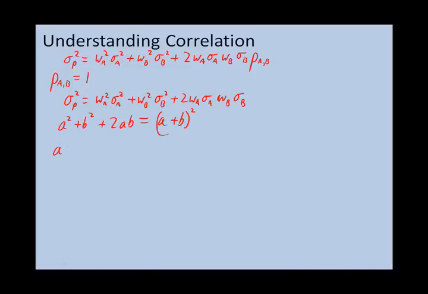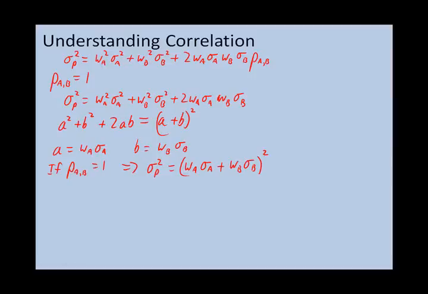We would have A equal to WA sigma A and B equal to WB sigma B. So if the correlation between A and B is equal to 1, we find that the portfolio variance is equal to WA sigma A plus WB sigma B all squared, which means the portfolio standard deviation, which is the square root, is going to be equal to WA sigma A plus WB sigma B.